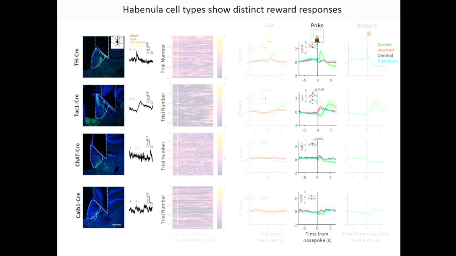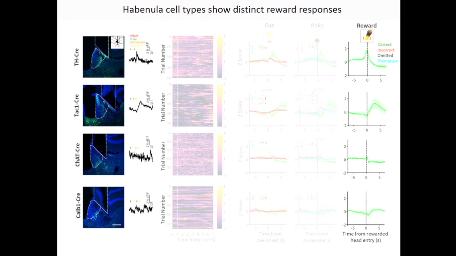I was specifically trying to look and see if there was any difference between correct and premature trials, which have the same motor output, but one is a kind of correctly withheld response. I didn't see large differences before the poke, but what you can see when you align it here is these differences after the poke, and that's because those correspond to the reward period, where I see the largest consistent changes in activity.